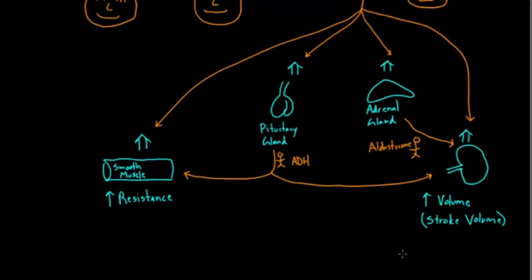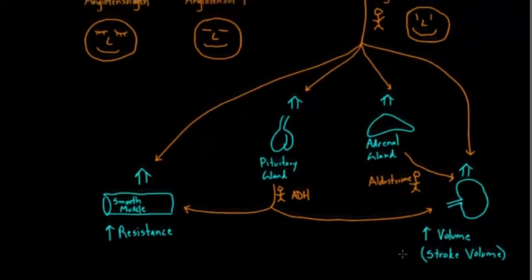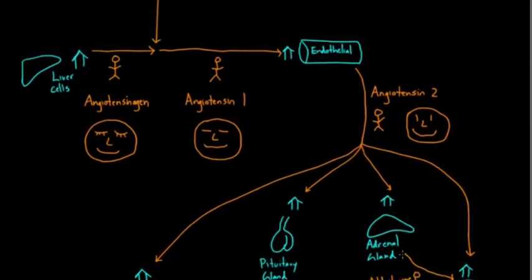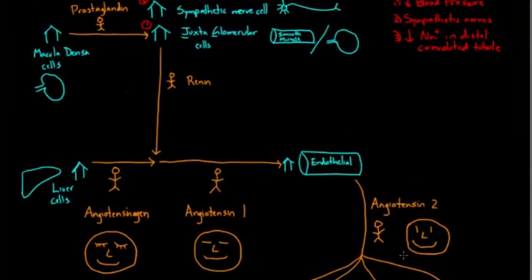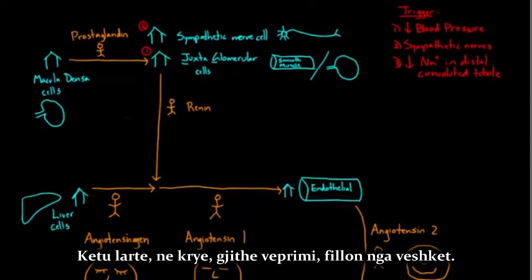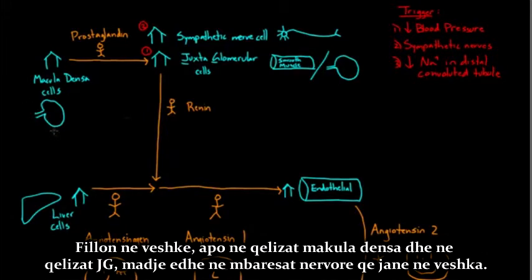So let me scroll up and show you now from the top some interesting things I want to point out. So we've got, at the very top, all of the action, you'll remember, started in our kidneys, right? So it started in the kidney with the macula densa cell and our JG cell, and even our nerve endings were in the kidneys.